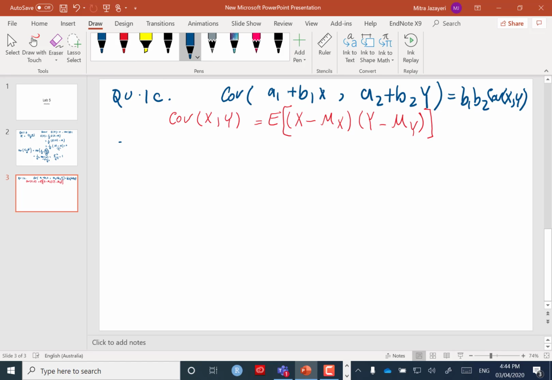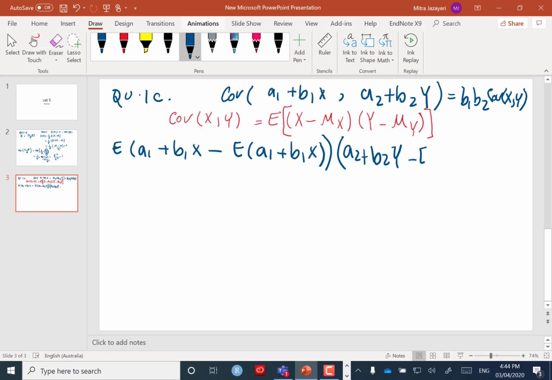Expectation, instead of x, we have a1 plus b1x minus expectation of a1 plus b1x times a2 plus b2y minus expectation of a2 plus b2y.